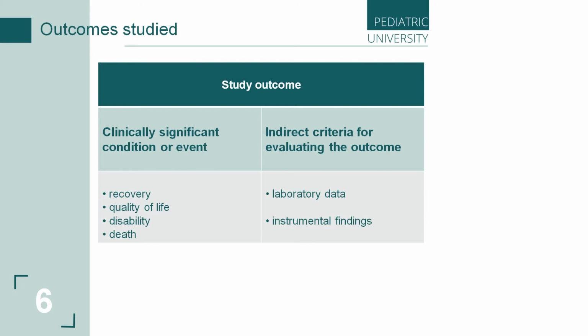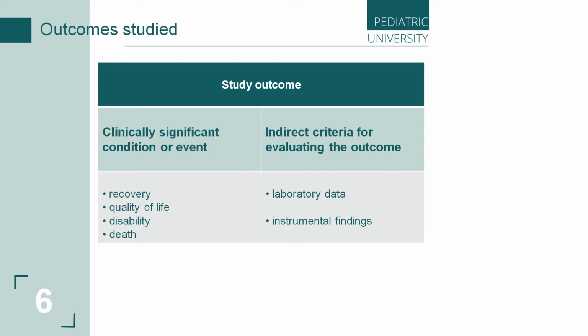We compare laboratory indicators, for example, data from instrumental studies. The outcome, for example, can be a decrease in blood pressure by any number of millimeters of mercury. We can compare lab values. It's our outcomes. Many different outcomes may be possible.